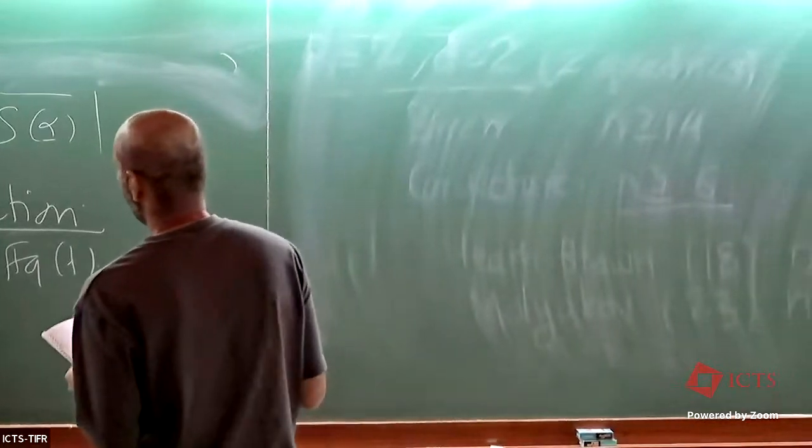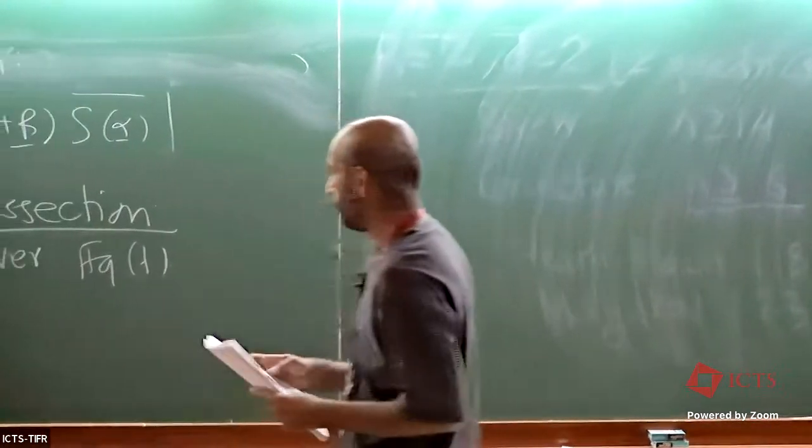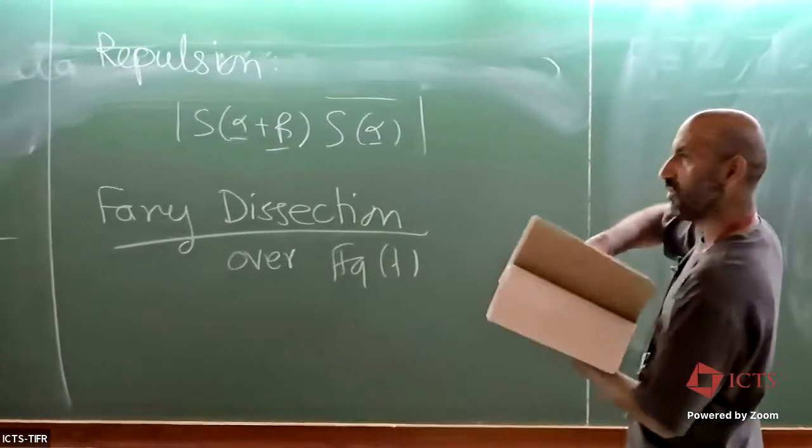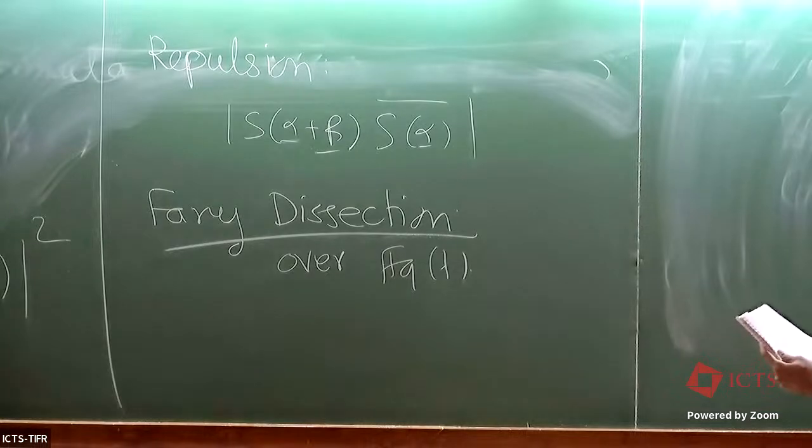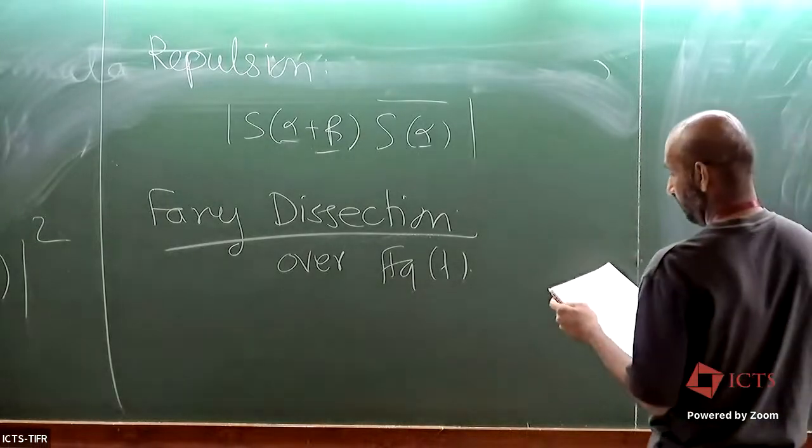The nice thing over function fields is that you have positive characteristic, so there are not many ways to get intersections of balls. One has to be contained in the other. Unfortunately, that doesn't work directly over Q.